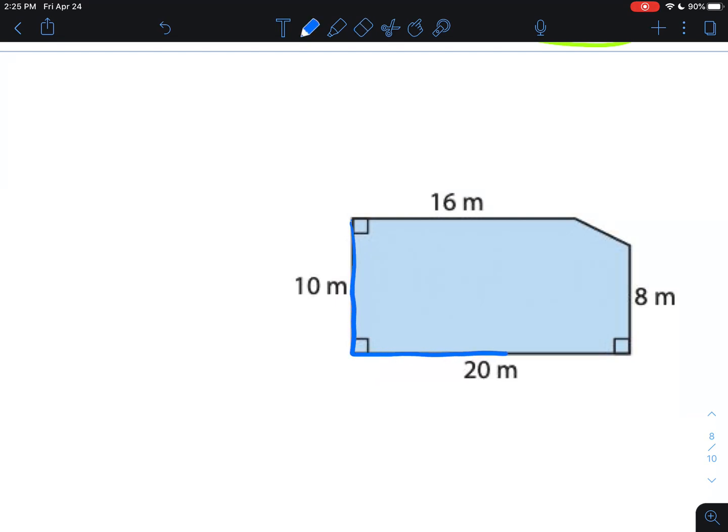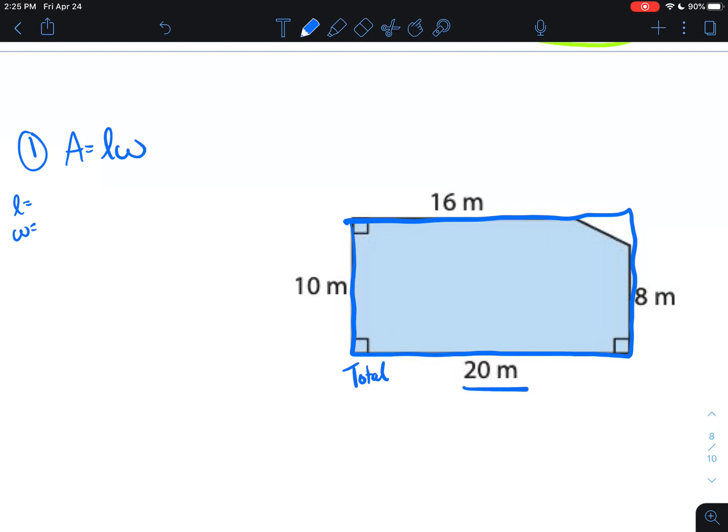So I see this whole rectangle right here. Ignore my crazy corner over there. So that right there is a total, and it's a rectangle. So the total would be area is length times width. So let's find our length and our width.